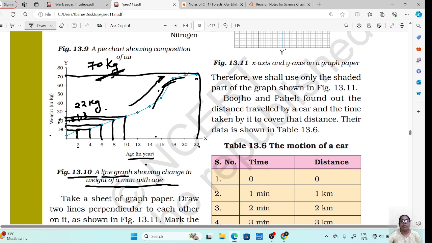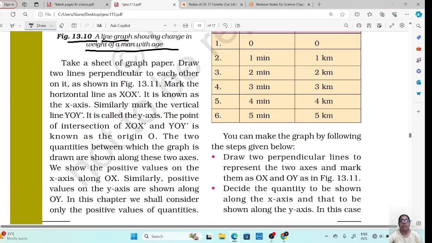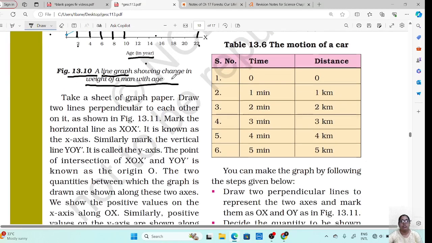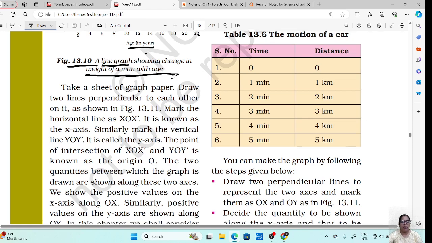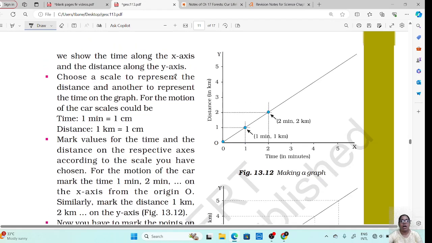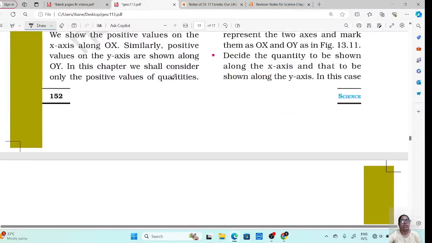So now we will see how we can represent motion of a car. We'll see how we can represent a motion using a distance time graph. So motion is basically measured in distance and time. So how we can represent a data which is given using a distance time graph.